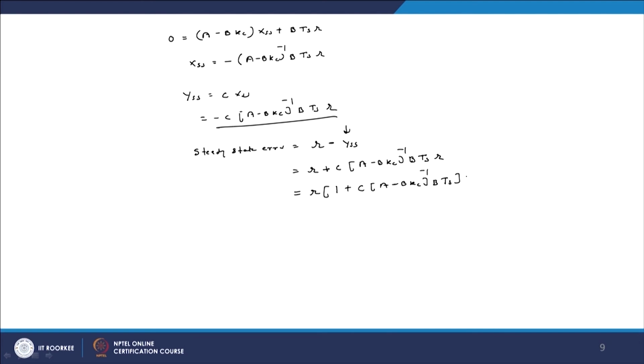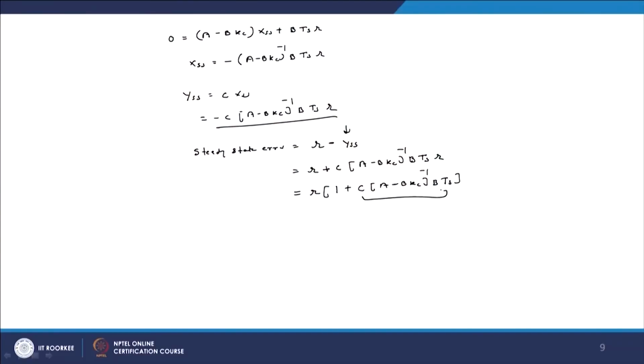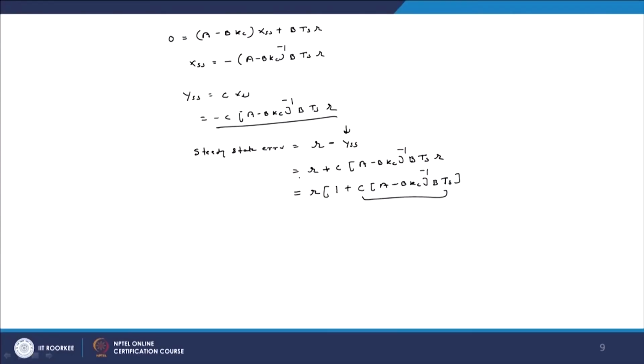Now what we want is that the steady state error must be equal to 0. So when is this possible? This is possible if this is equal to minus 1. If this is equal to minus 1, this equation is what is called the steady state error, and what we want is for this particular error to be 0.